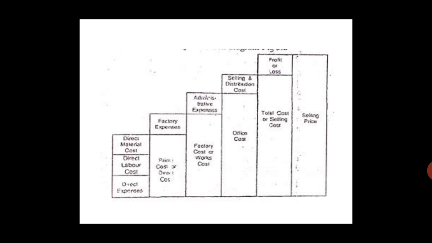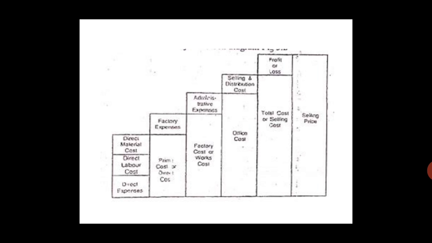Now you can see this table here, very nicely it is given. Left side, extreme left, is direct material plus direct labor plus direct expenses, that is known as prime cost. On the prime cost, when you add factory expenses, it becomes factory cost. Then third, factory cost or works cost, when you add administrative expenses, it becomes office cost.